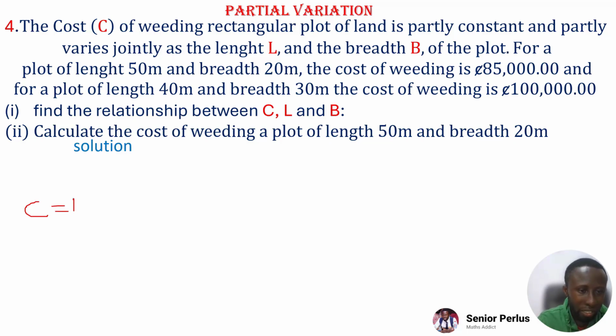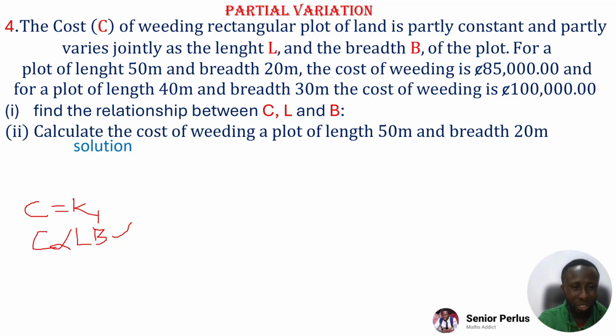The cost is partly constant, and partly varies as the length and the breadth. Okay, so length and breadth. So this one is joint. So partial plus joint. So here this one is a joint variation.